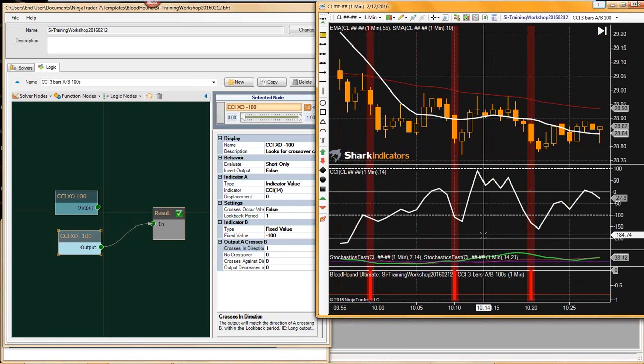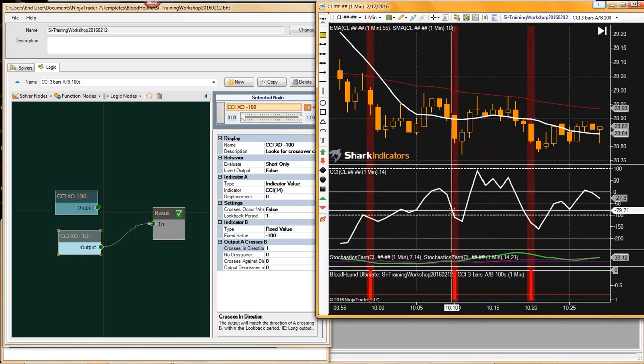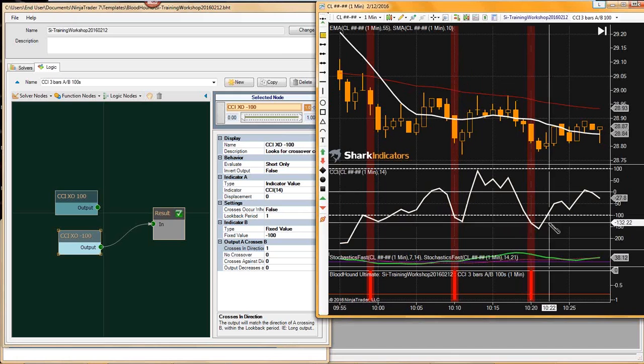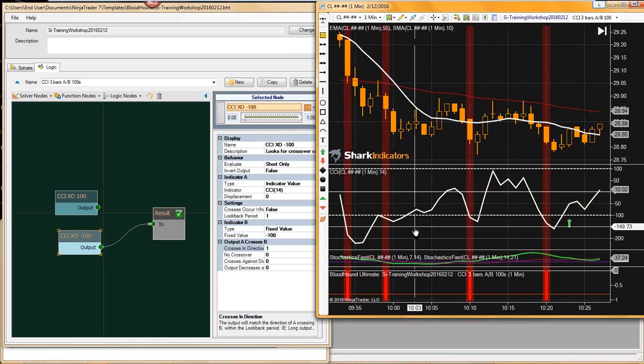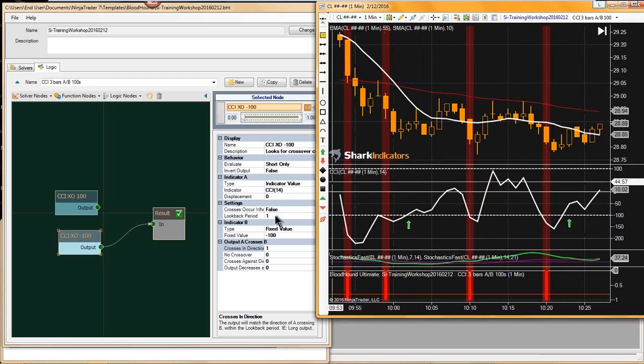Here we go. All right, so we don't want the short signals from the CCI crossing below negative 100. We actually want these long cross ups. That's what we're interested in, these cross up points.